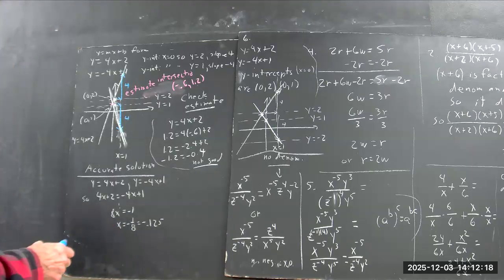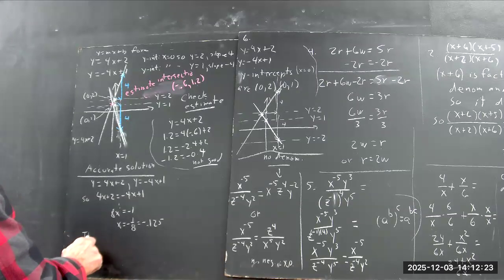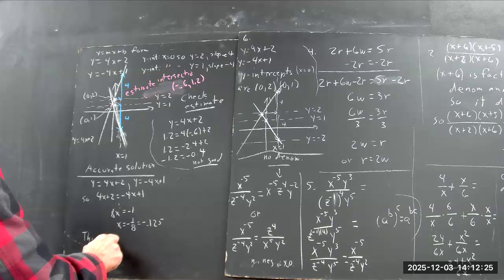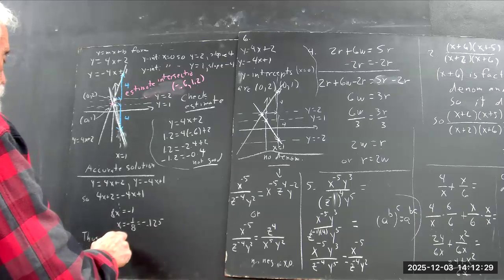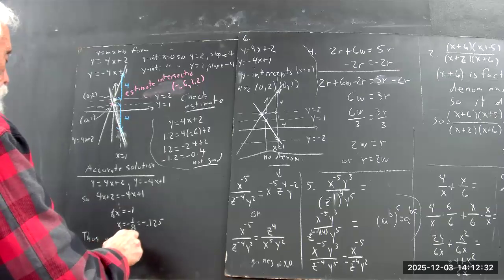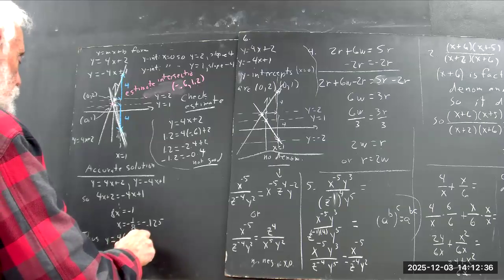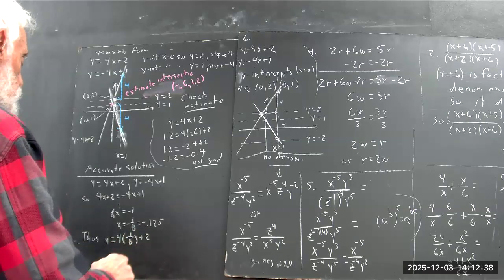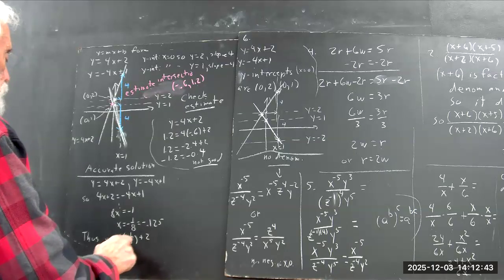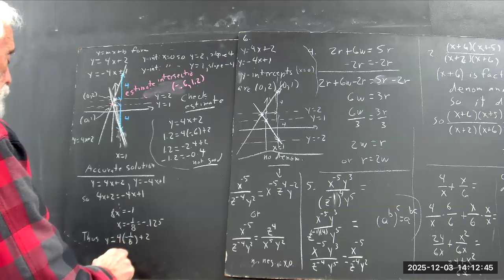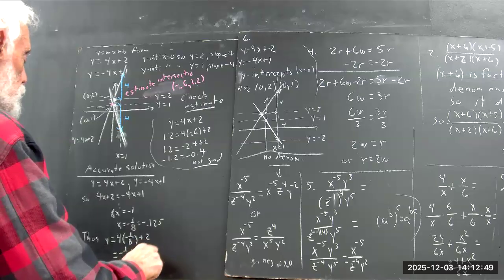Then if x is -1/8, it follows that y equals 4 times x, which is 4 times -1/8, plus 2, which equals -1/2 plus 2, which is 3/2.